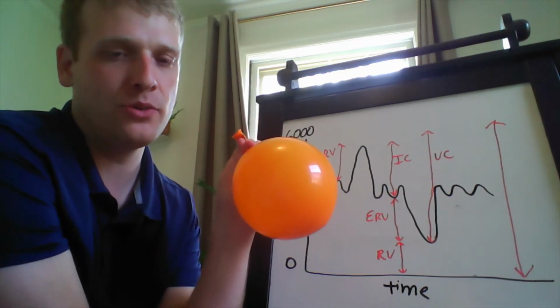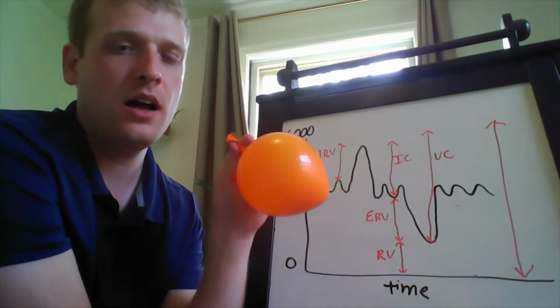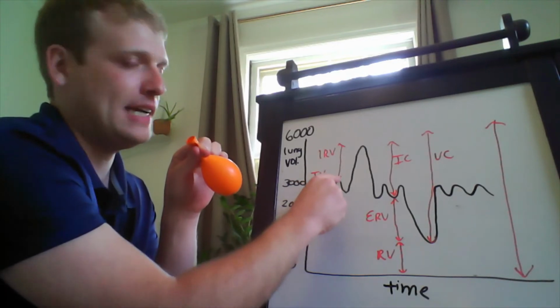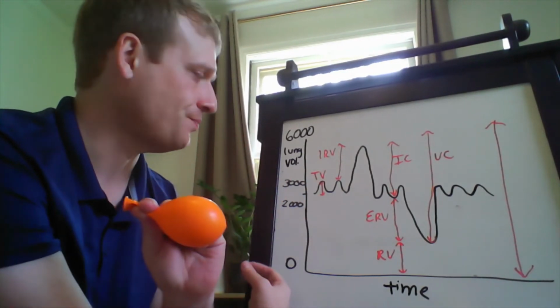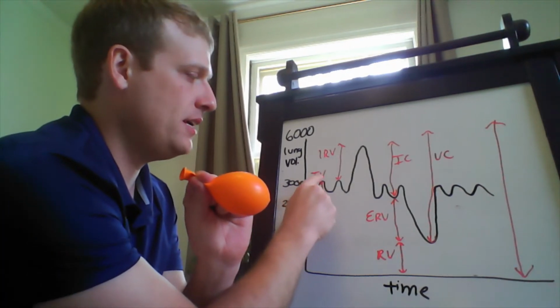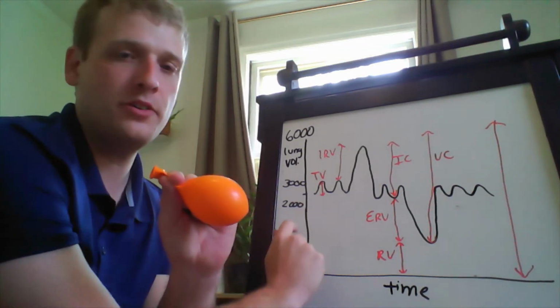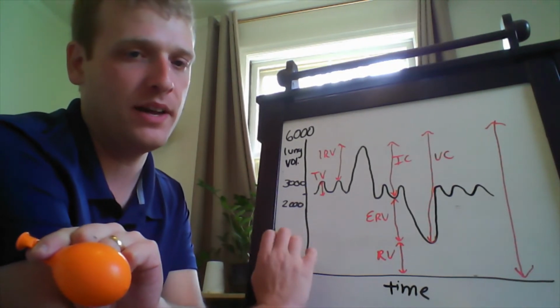Let's say that's a normal breath in. You take a normal breath out. This would be called the tidal volume, the difference in those two volumes of your lung. As you breathe in and breathe out, the volume in your lung changes. And that tidal volume is going to be about 500 milliliters per breath in, breath out cycle.